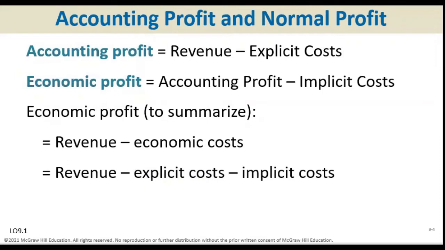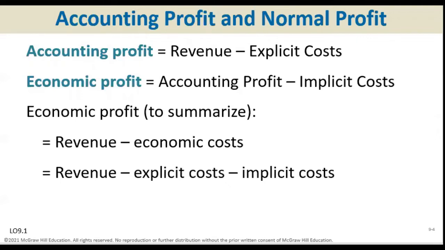So on economic costs, we make a distinction between accounting profit and normal profit or economic profit. Economic profit, also called pure profit, right, is the total revenue minus all the costs. Here, the costs are implicit and explicit costs, right, including normal profit.